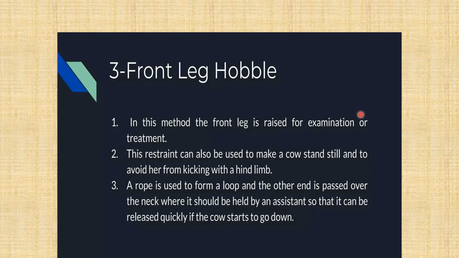Then the front leg hobble. In this method the front leg is raised for examination or for treatment of the animal. When one needs to keep males and females, especially in sheep, we can see that the males are separated from the females, or else they will have a lot of quarrels between them.